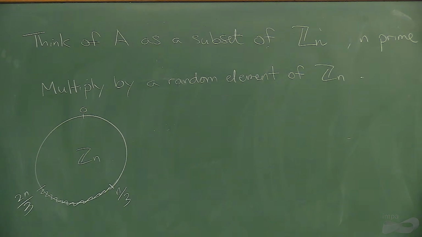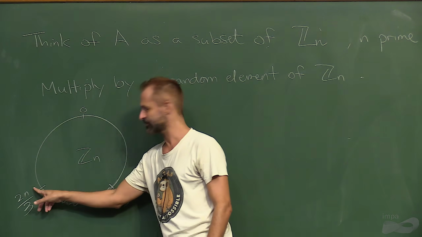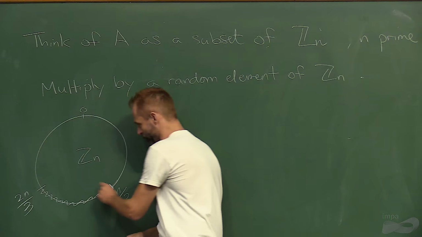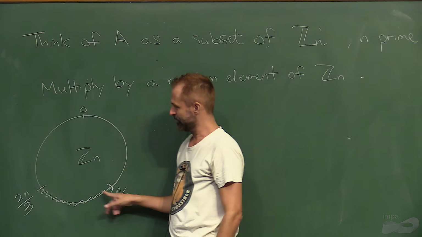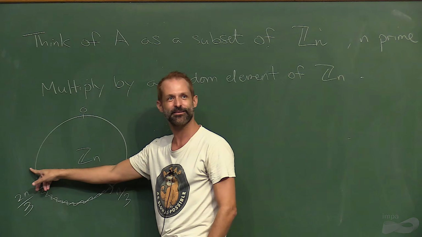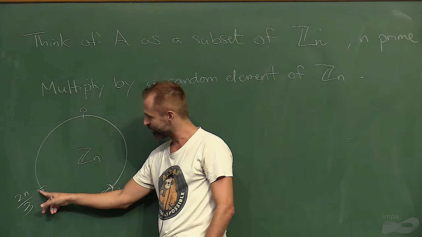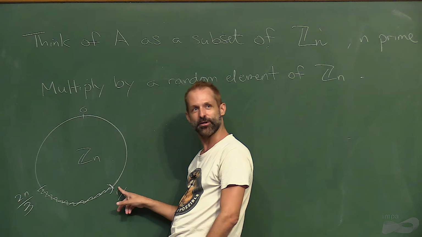The middle third is a large sum-free set. Because any guy here, add it to itself, you fall out. Right? If you're bigger than n over 3, then add to yourself, any two numbers added here end up out here. And then any two numbers smaller than 2n over 3 don't wrap round to get to n over 3.